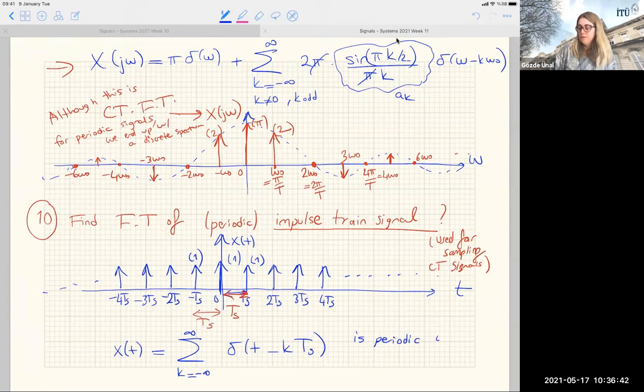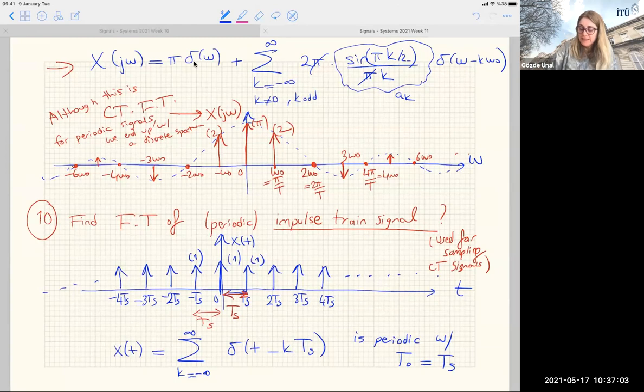Periodic with T0 equals to what? Just say it. TS, right? Yes, thanks, Evran. TS, exactly.